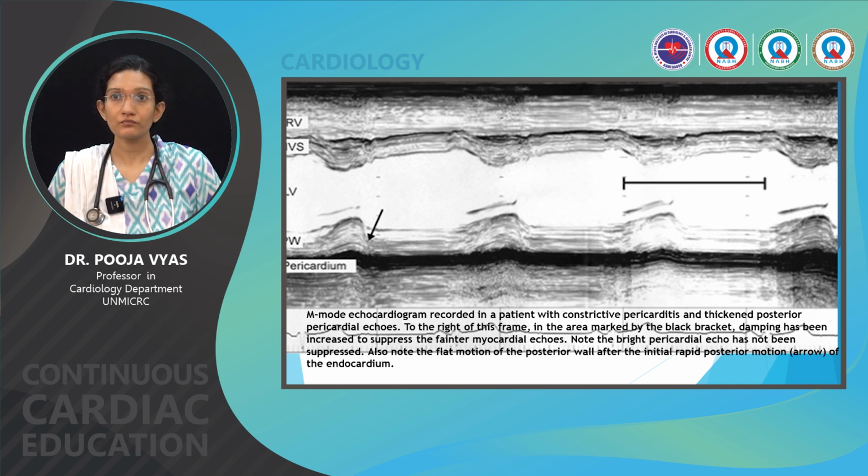Even in this image we can see flat motion of the posterior wall, shown by the arrow, followed by sudden rapid posterior motion, also shown by an arrow, and then we can see the flat motion of the posterior wall of the left ventricle.